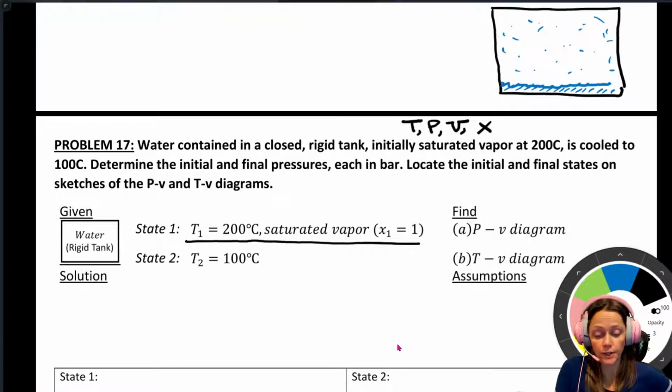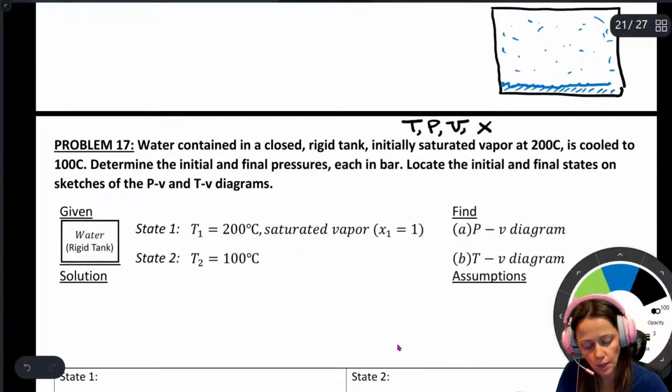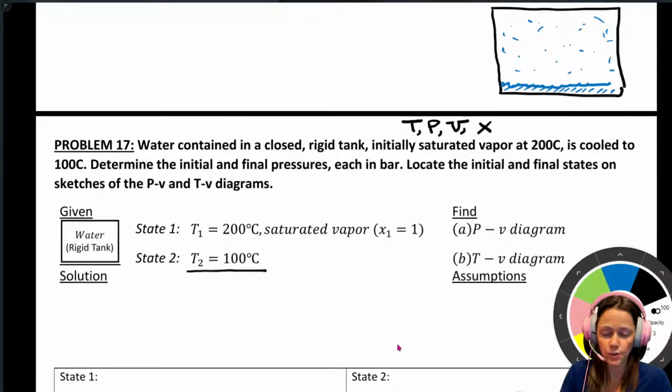So they've given us two independent intensive properties: the quality and the temperature at state 1. So state 1, I won't have a problem fixing. But state 2, the only thing they give me is the temperature. So I need some other property with which to fix that state.